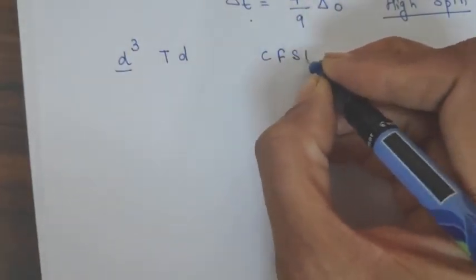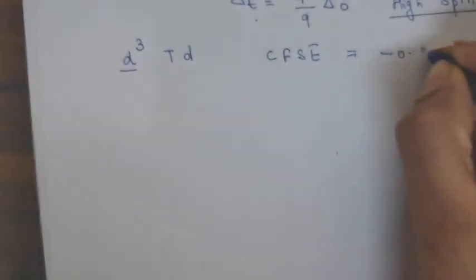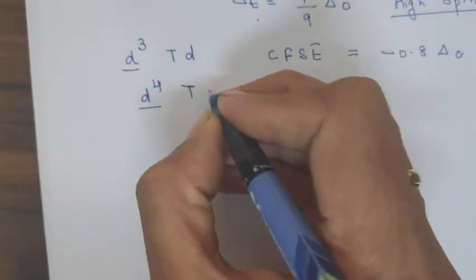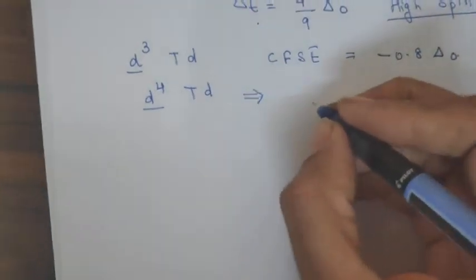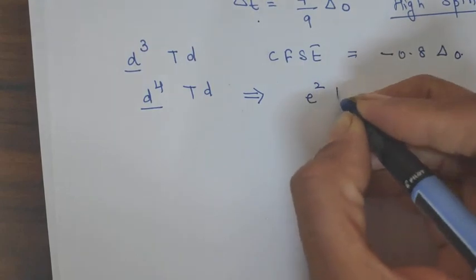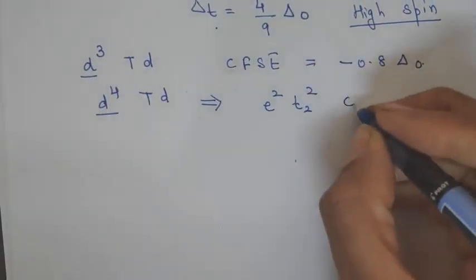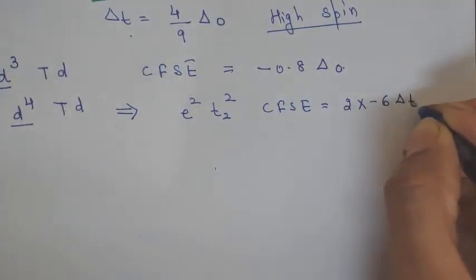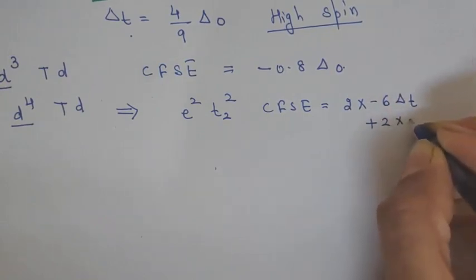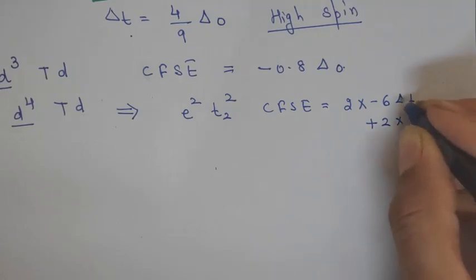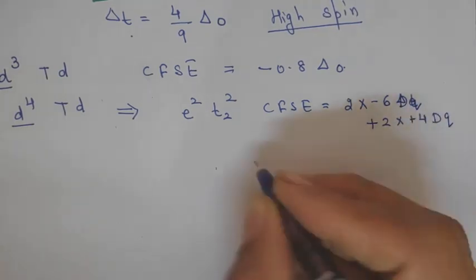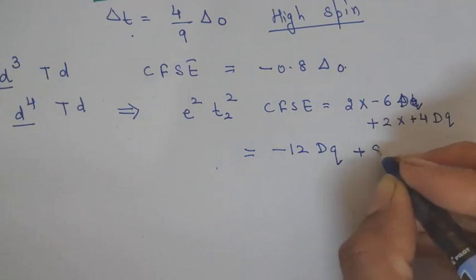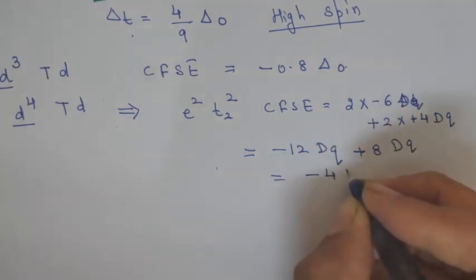The value of crystal field stabilization energy is equal to minus 0.8 delta T. In the case of d4 tetrahedral, it will have electronic configuration of e2 t2^2, and the value of CFSE will be 2 into minus 6 Dq plus 2 into plus 4 Dq, so this will be minus 12 Dq plus 8 Dq, that is equal to minus 4 Dq.